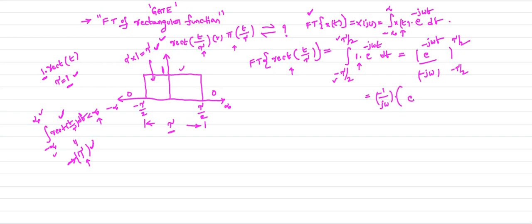What is the upper limit? It is tau by 2, so e power minus j omega tau by 2, minus, substitute the lower limit. What is the lower limit? t is minus tau by 2, so minus minus becomes plus, e power j omega tau by 2. That is the corresponding term for the lower limit.